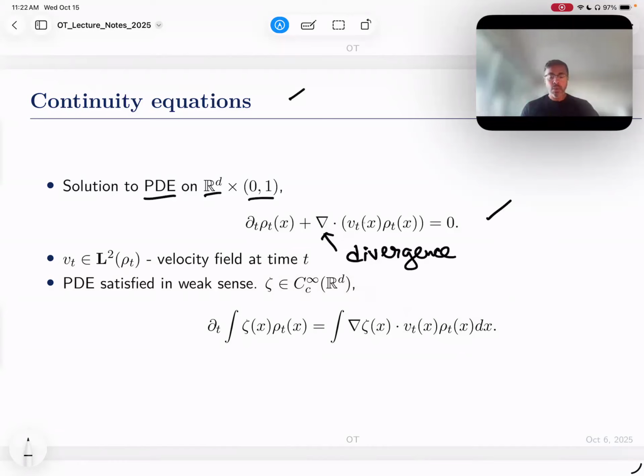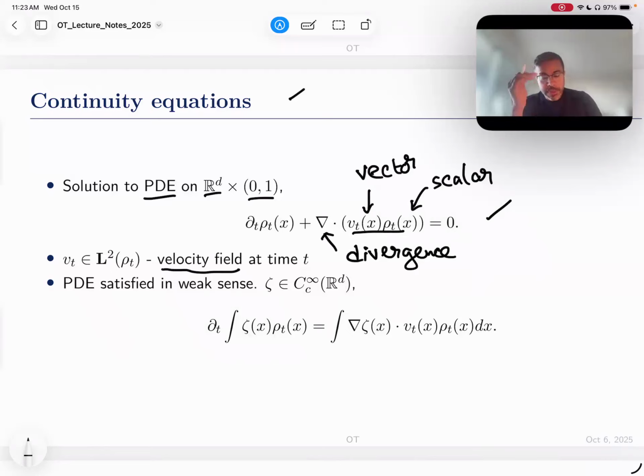What is this vector-valued function inside? This is my vector V t. This is the scalar, my rho t. So this V t object is a vector-valued function, which we are going to call a velocity field at time t.